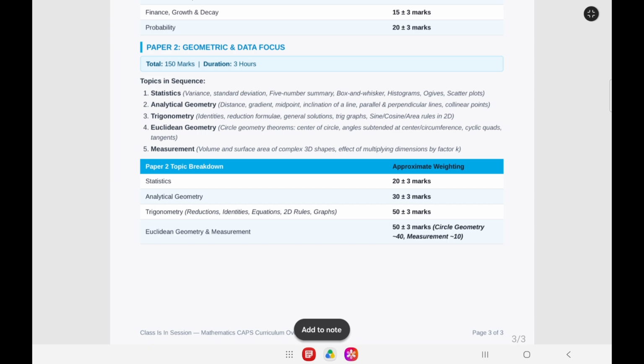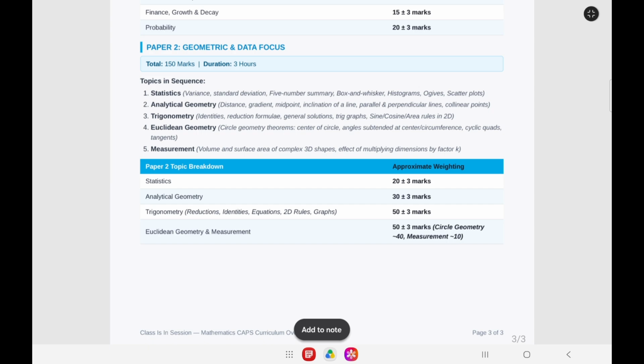I currently have the basics, where you do your reduction formula, cofunctions, negative angles, numerical reductions or special angles, trig identities. I break down the topic and start you guys from the basics, and then I do the exam questions. And then I have the trig equations as well as the general solution. But there were a lot of requests in terms of the sine, cosine, area rules. So I'll make sure that those are also available in the next few days.